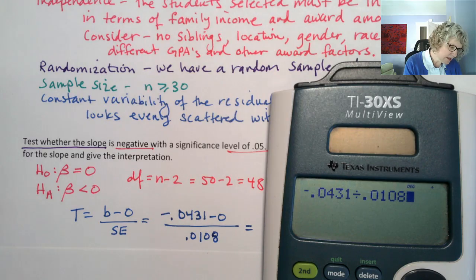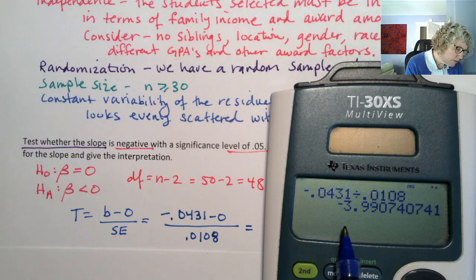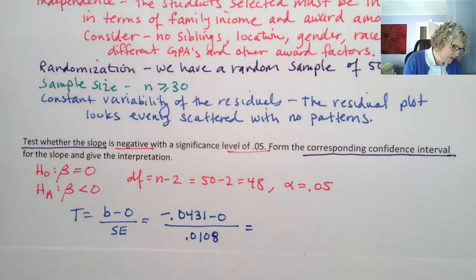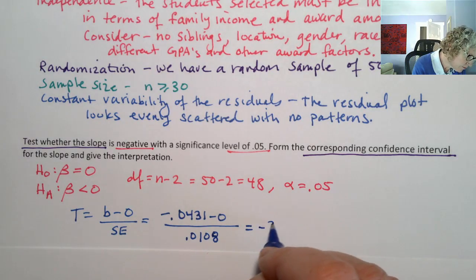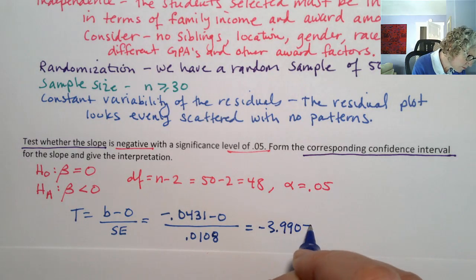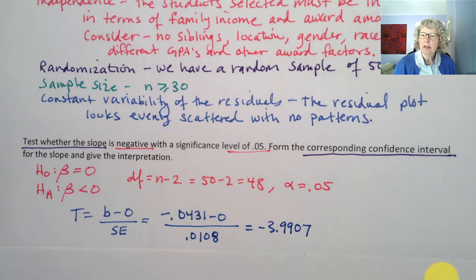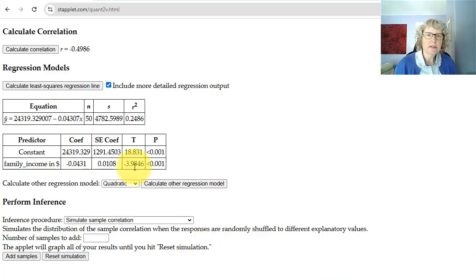Notice it's going to come out negative. Negative 3.9907. Okay, let's compare to what it said the test statistic is. Okay, very close. So I wonder if they're actually using more digits here in the calculation, but it's very close.